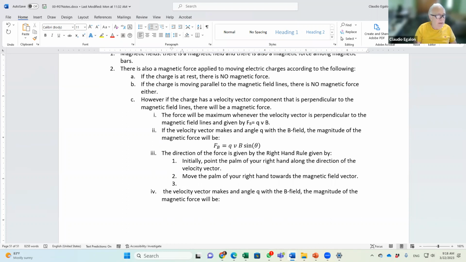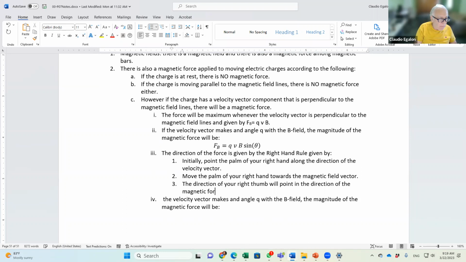The direction of your right thumb will point in the direction of the magnetic force. That's one way of using the right hand rule.